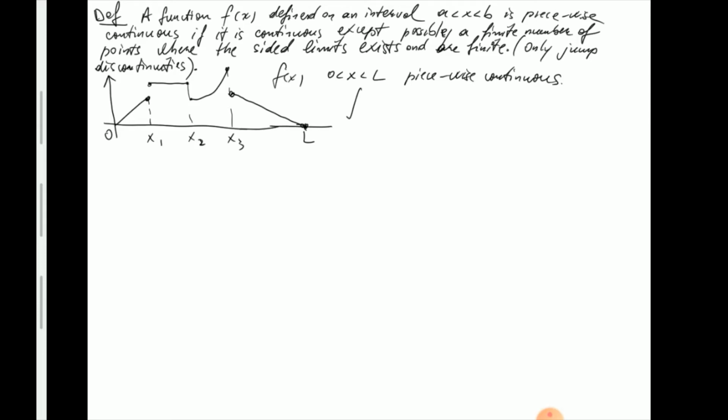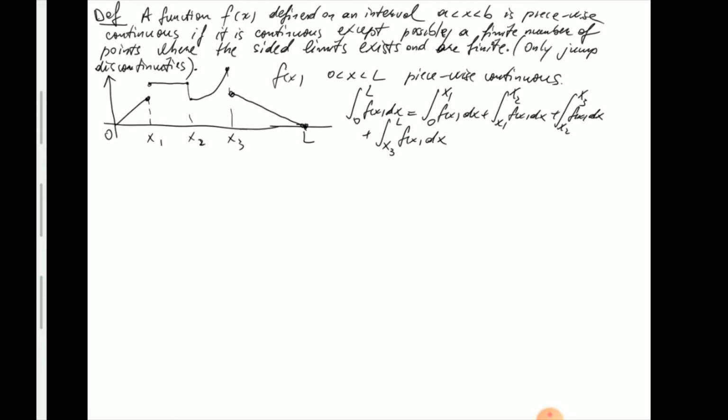So for example, if I want to compute the integral from 0 to L of this function, all I have to do is to integrate the function over each portion: from 0 to x1, from x1 to x2, from x2 to x3, and then from x3 to L. So it's as general as it gets, but still ensuring that the Riemann integral exists.